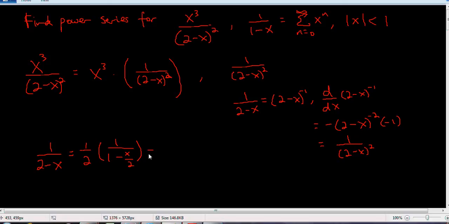So this is equal to 1/2 times the sum of n equals 0 to infinity of (x over 2) to the n. Of course, the restriction is x over 2 has to be less than 1, or in other words, the absolute value of x has to be less than 2.